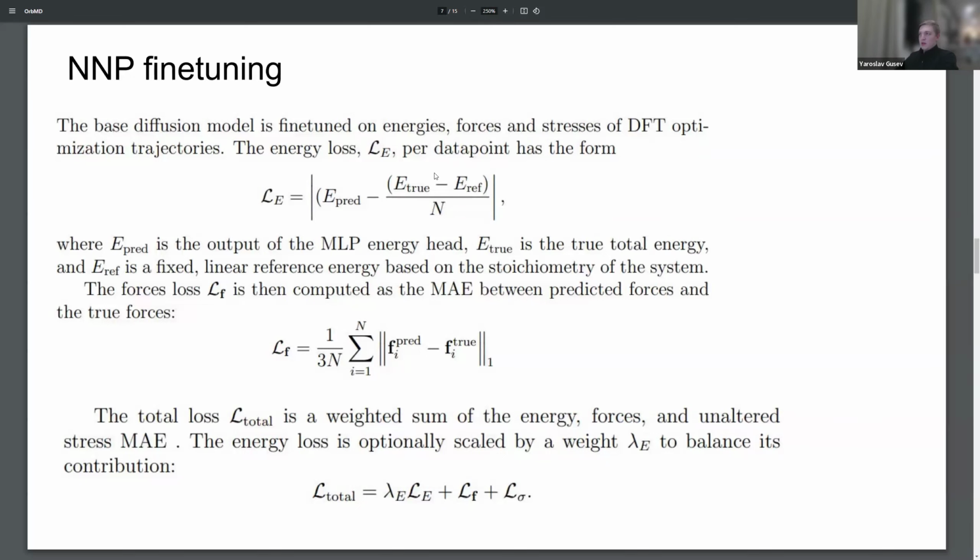So they try to model an average energy per particle, so that the hope is that it can generalize to larger systems as well, even if you train on smaller systems.